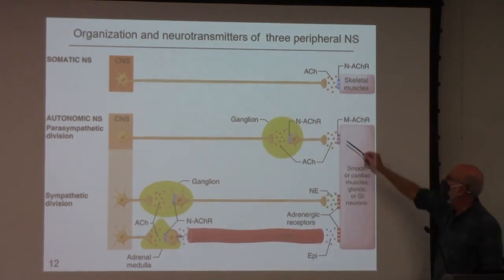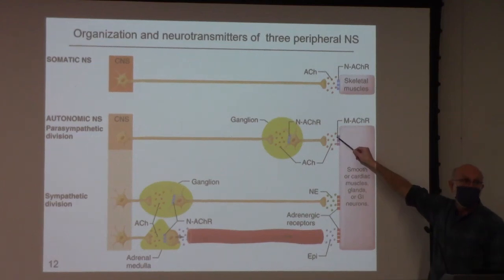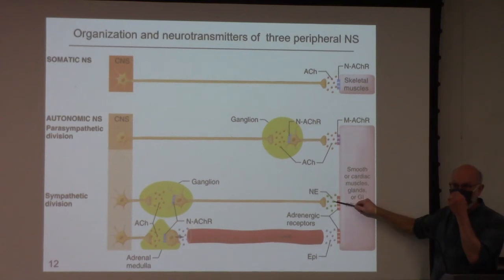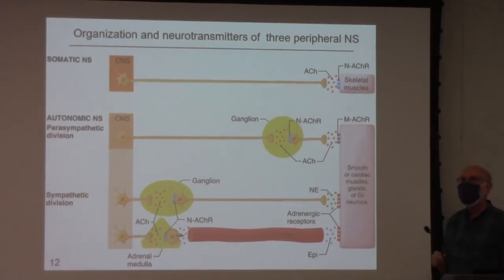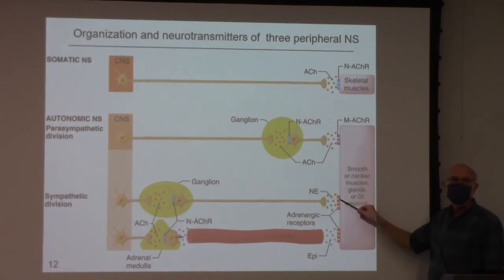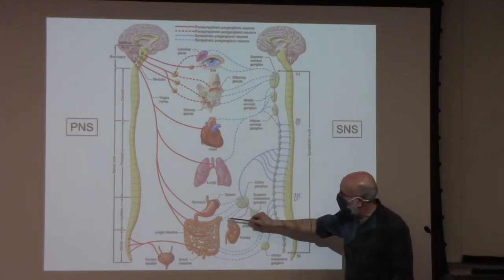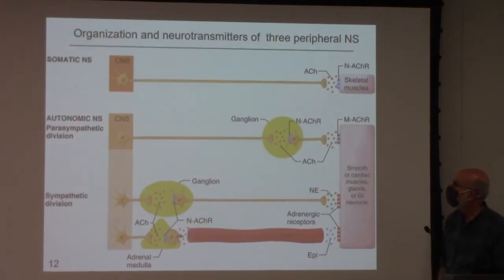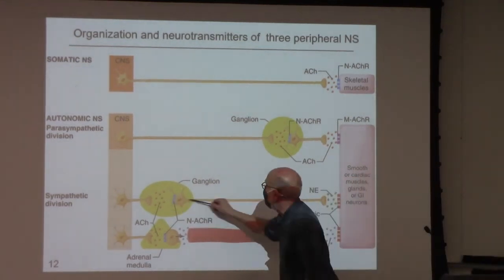Just like this depended on the muscarinic receptor type, this depends on the adrenergic receptor type. The receptor in the heart is stimulatory. The receptor in the gut is inhibitory. That's the sympathetic nervous system.